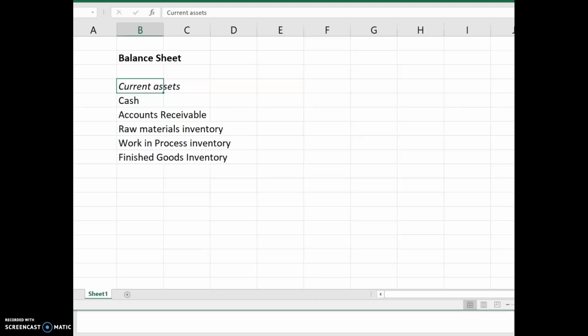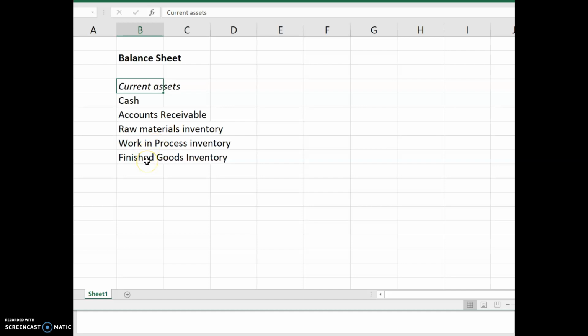So if we can see our balance sheet here under current assets, right, we start off with cash, we've got accounts receivable, and then we would show our inventory accounts. These are where we record our product costs. And the costs move from raw materials to work in process inventory, and then any of the direct labor and the manufacturing overhead, the indirect costs having to do with the product, are in work in process inventory.